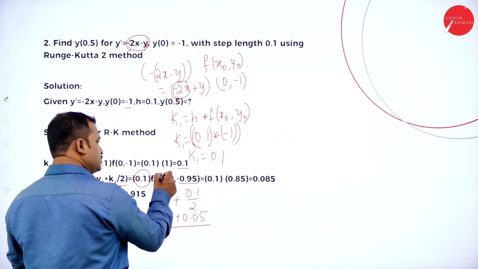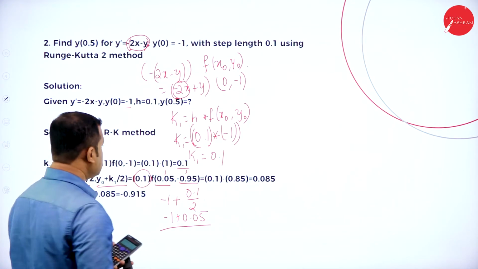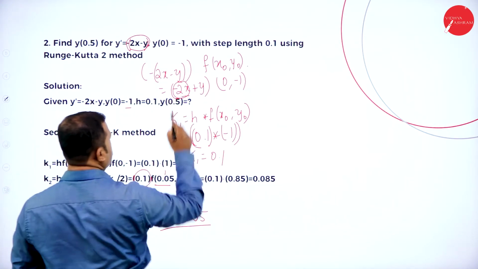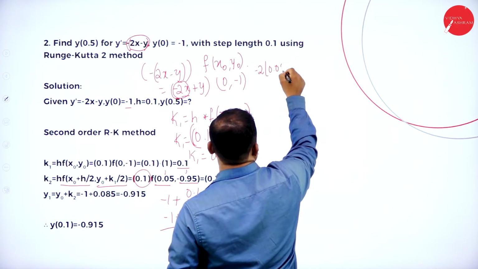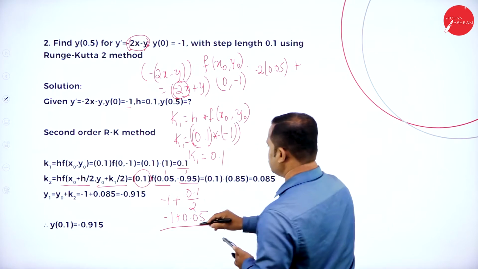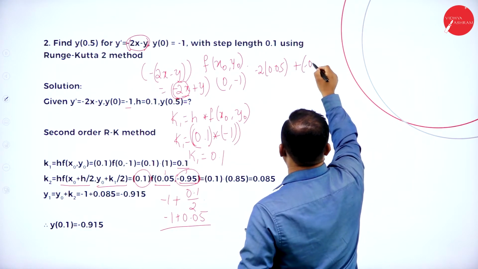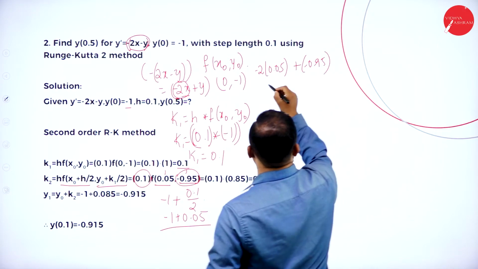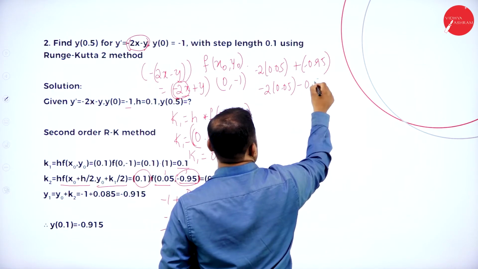Let me substitute this 0.05 and minus 0.95 into that equation. What is that equation? This equation. That is minus 2 into 0.05 plus what is the value of y? Plus of minus, that means minus 0.95. What is the value we get? Minus 2 times 0.05 minus 0.95.